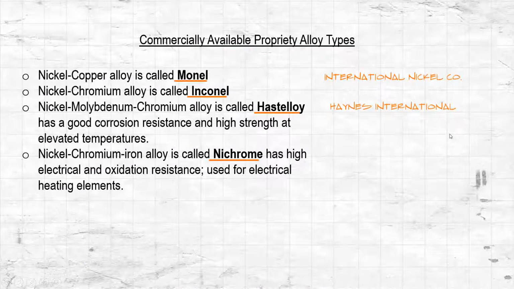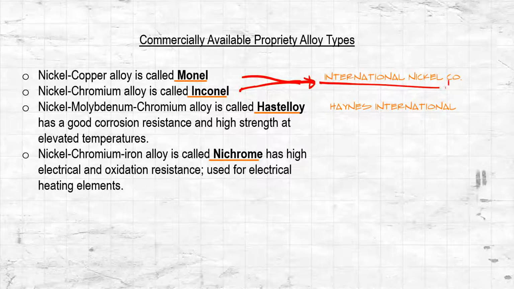There are also commercially available proprietary alloy types. For example, an alloy of nickel and copper is called Monel, and nickel chromium is called this one, proprietary by International Nickel Corporation, or maybe company, from our text.